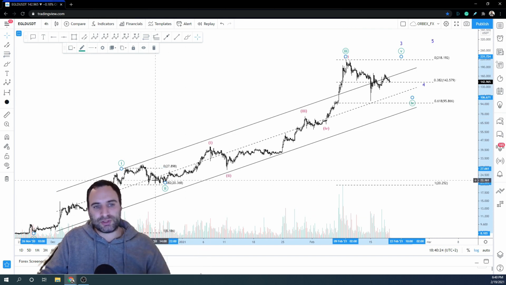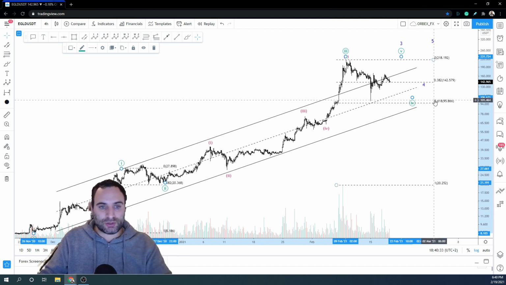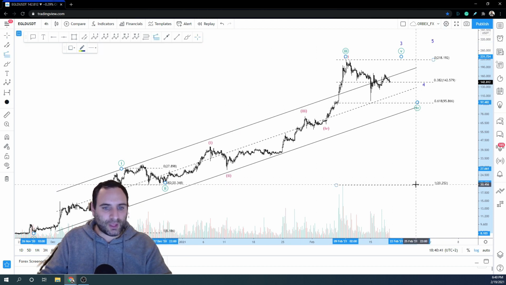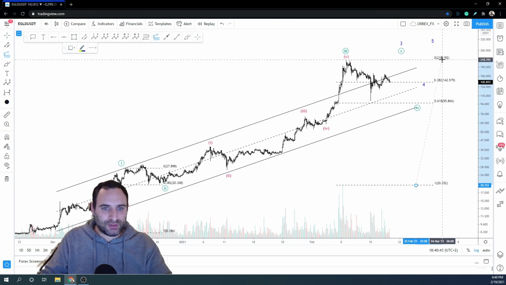The law of alternation says a shallow move in wave 2 means a deep wave in 4. So it's very likely that we're going to meet prices here, around 95 with a bottom regression here and then move up. In this scenario, we would be interested to look at 294.